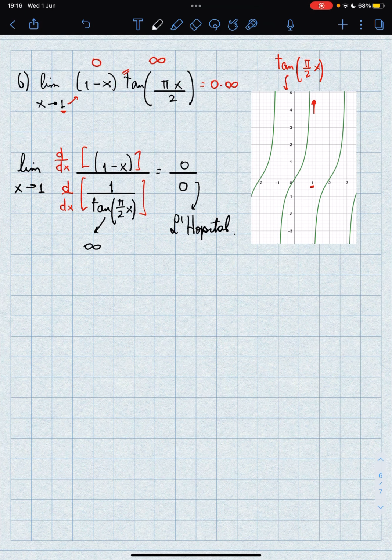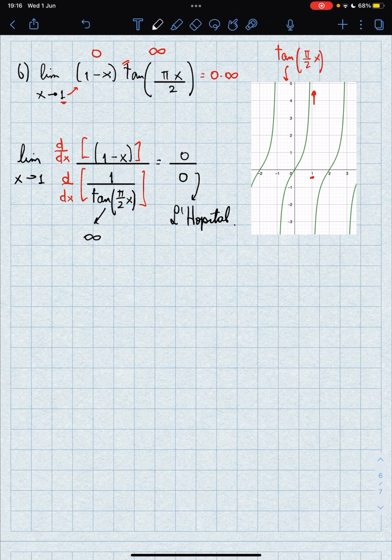But first of all, we can analyze this 1 over tangent. 1 over tangent of pi over 2x is the same as 1 over sine of pi over 2x divided by cosine of pi over 2x.